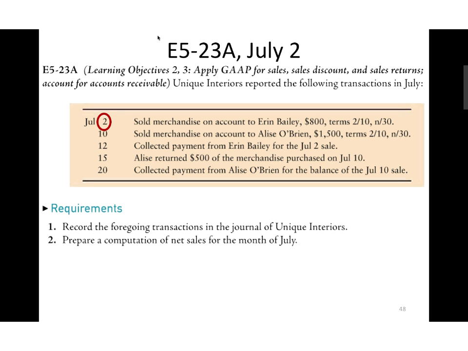The date of sale does not count. So she gets a 2% discount if she pays within 10 days. If she doesn't pay within 10 days, the whole amount is due in 30 days. So that's how we pronounce that, 2/10, n/30. Very common terms. We can see 1/10, n/30, that's pretty common.